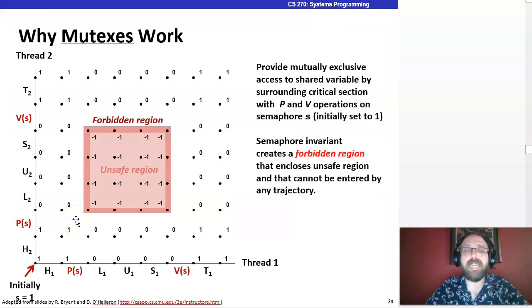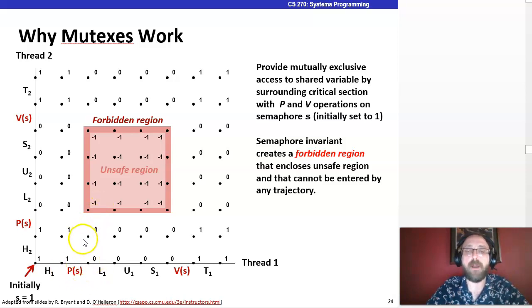So the idea there is we're making a forbidden region in the execution graph. I'm also labeling here each node in the execution graph with the value of the semaphore. We've added a few more steps because besides the load, update, store, there's also this P operation.